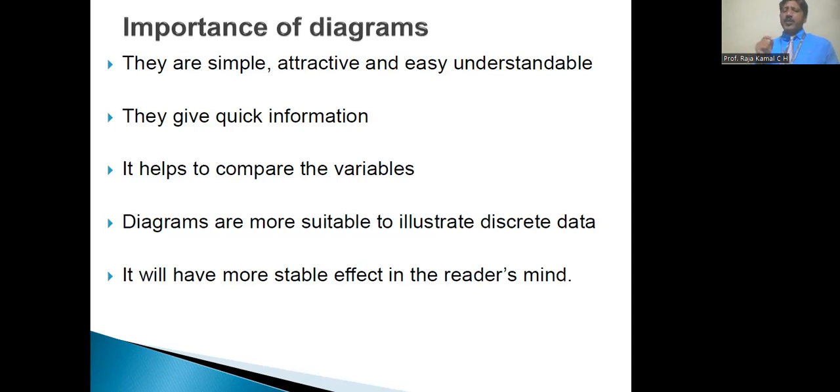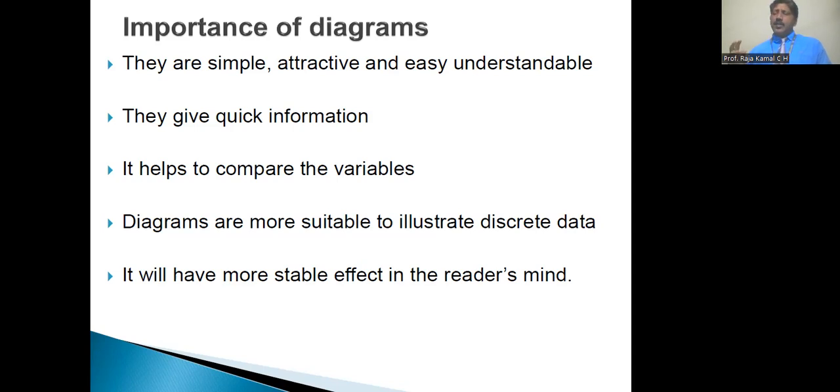By comparing the variables here, the cost of January 2022 is one variable, the cost of February 2022 is another variable, and the cost of March 2022 is another variable. By comparing each variable, I can find out in which month my production cost has increased, and that can be done very easily through diagrams. These diagrams are very helpful and suitable to explain discrete data.